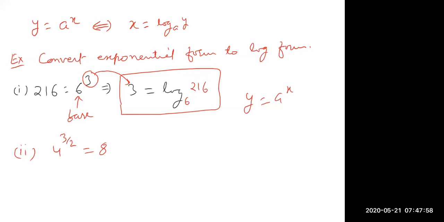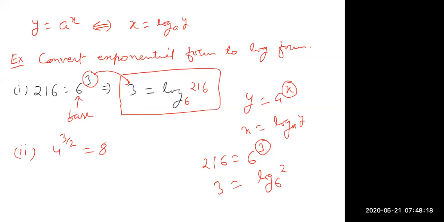How are you writing it? This power comes in front, so x is equal to log y to the base a. The number 216 is equal to 6 raised to power 3, so this 3 will come in front. So 3 is equal to log, base remains base, 6 is the base, and here also 216. Understood?